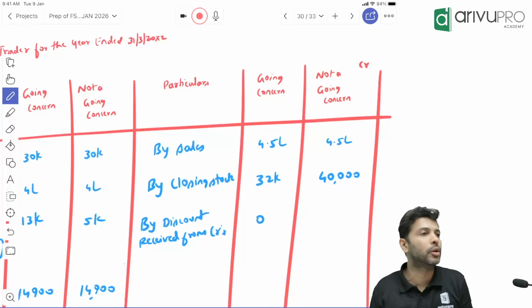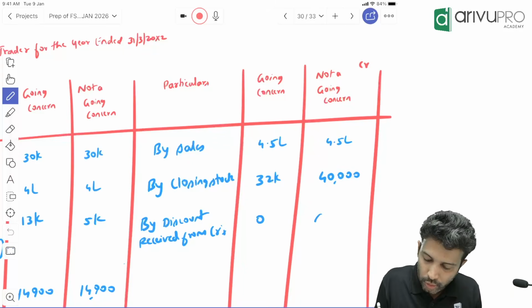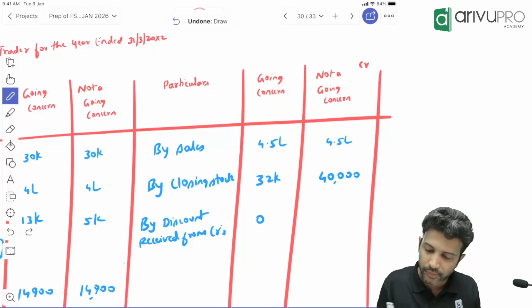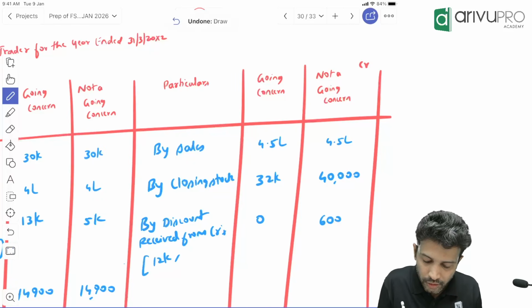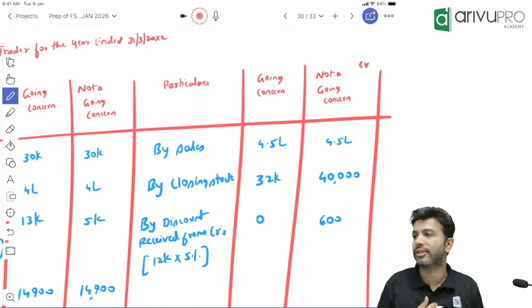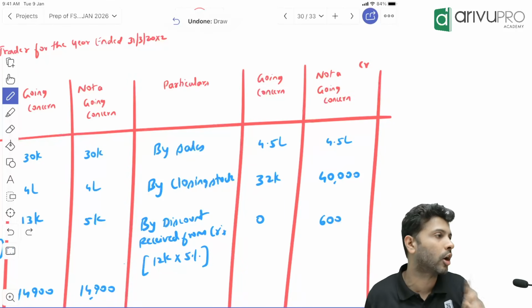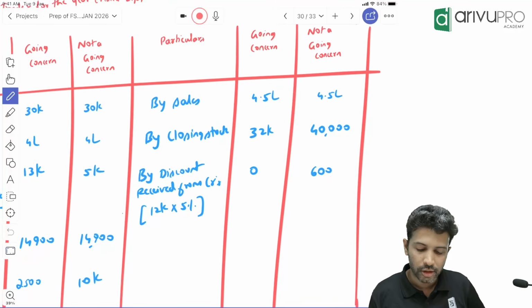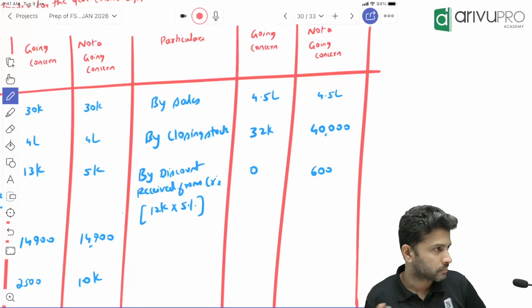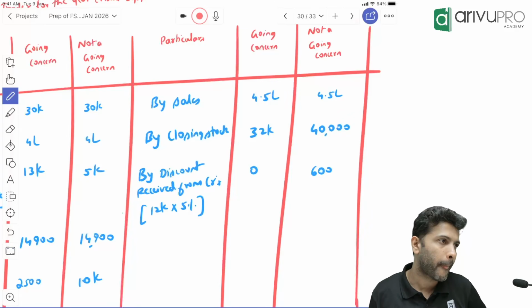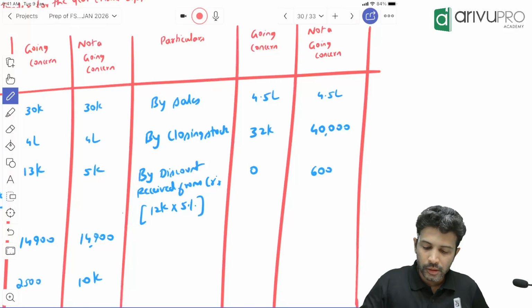Discount you will get only if you immediately settle. So discount income will only come in the not a going concern case. 600. How is it 600? 5% discount on 12,000, so 600 rupees will be your income only under the not a going concern case. No confusion?